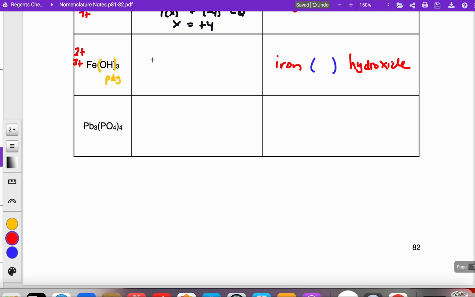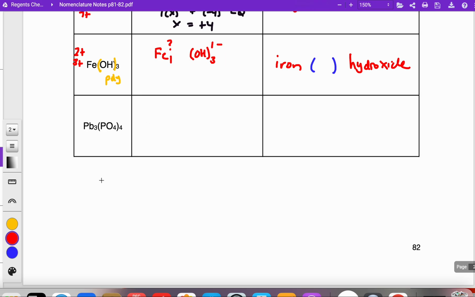So here we go. We have Fe, and we have an OH. Fe's subscript is 1, OH's is 3. Being the anion, we look up its charge, and it's a -1.